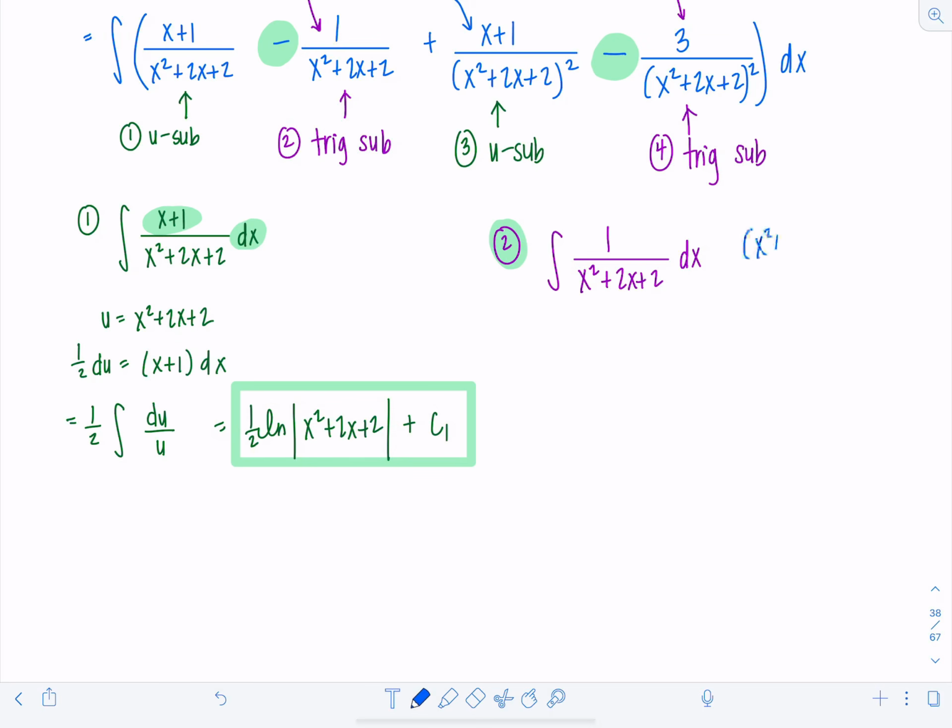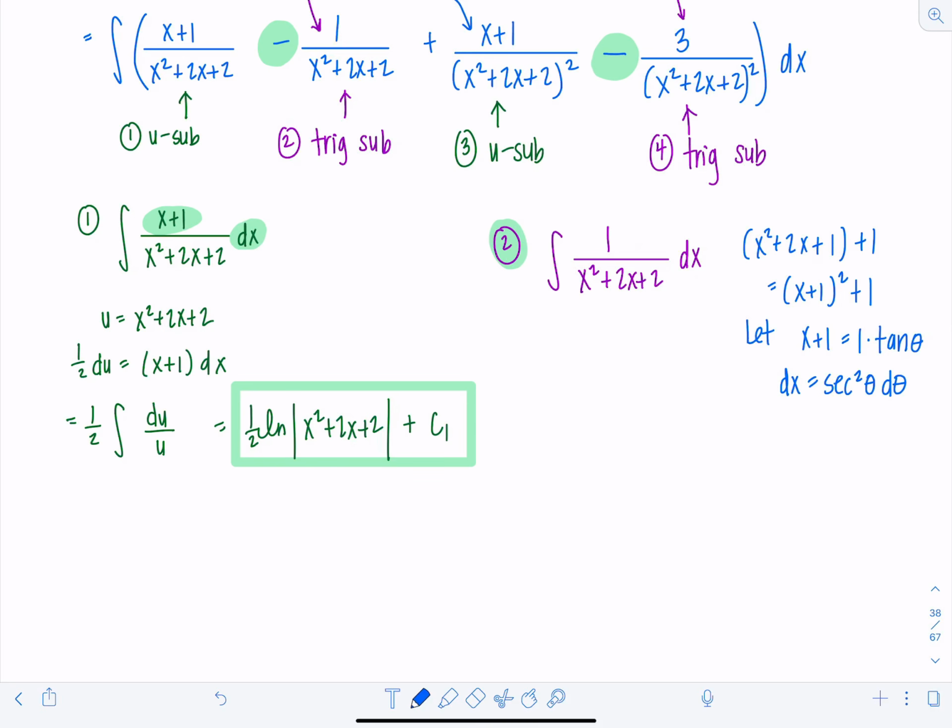So we have x squared plus 2x plus 1, which I can factor into x plus 1 quantity squared plus 1. So that means I'm going to let x plus 1 equal 1 times tangent theta. Hopefully you recognize that case. And then dx is secant squared theta d theta.